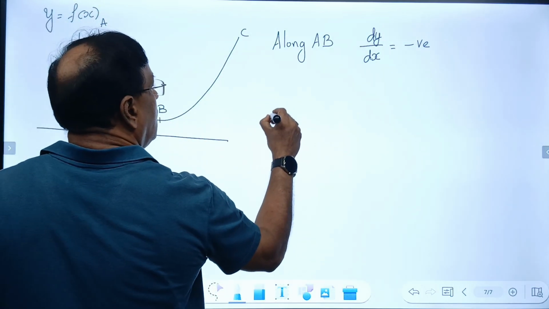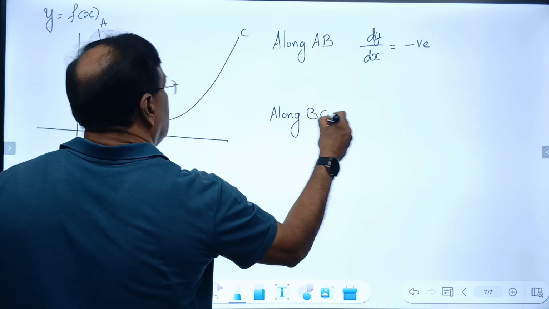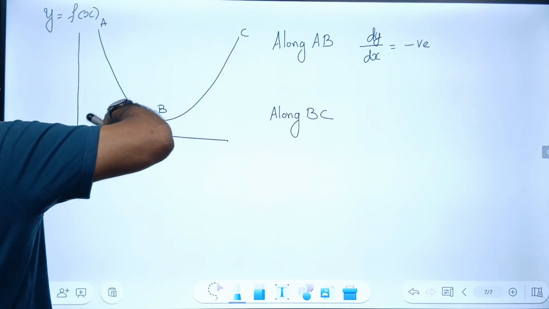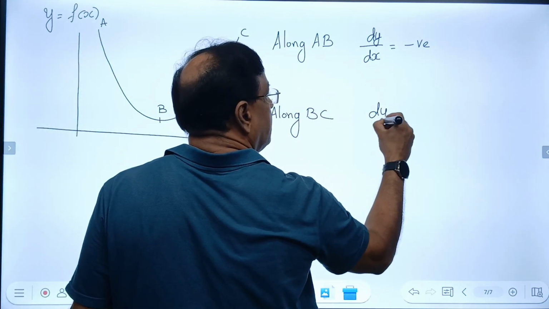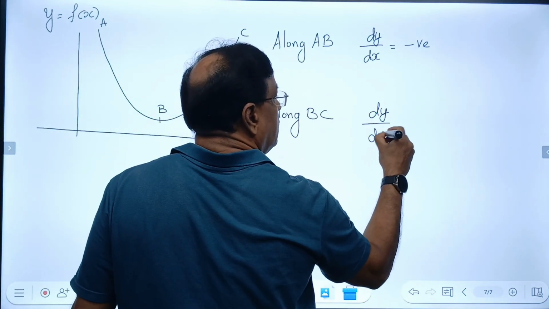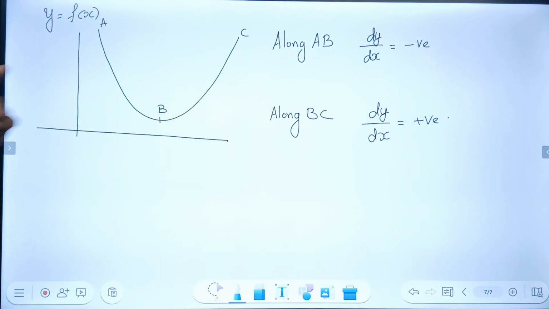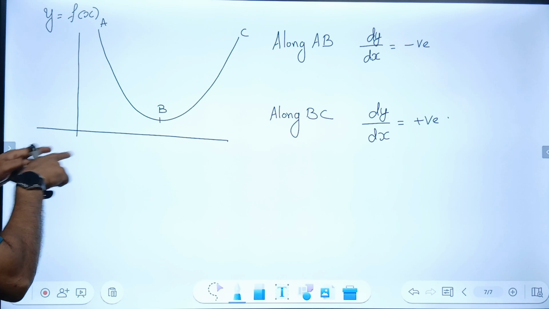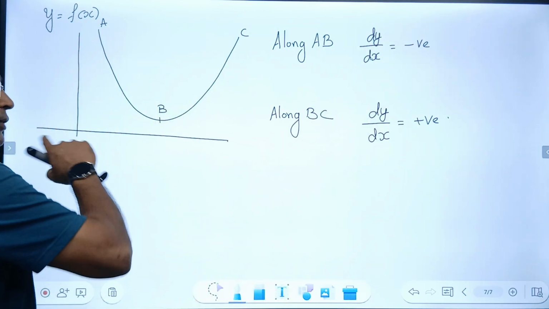Again, along BC, you see the function is increasing. So what do you say about its derivative? Its derivative will be positive. Okay, so when you are moving from negative to positive, definitely you have to hit 0.